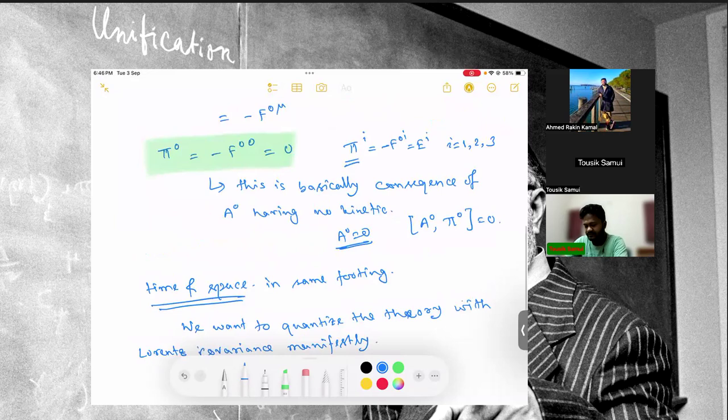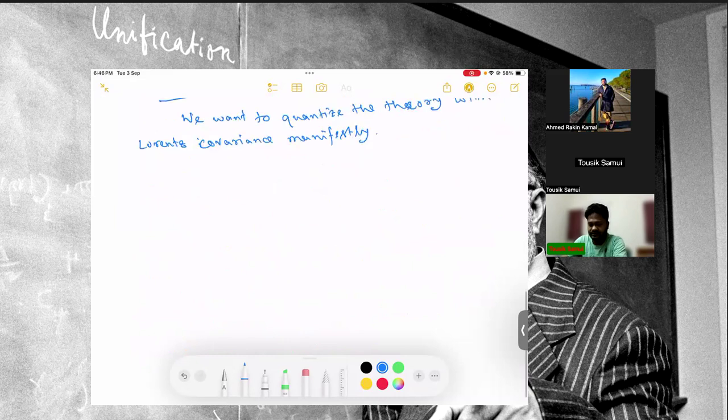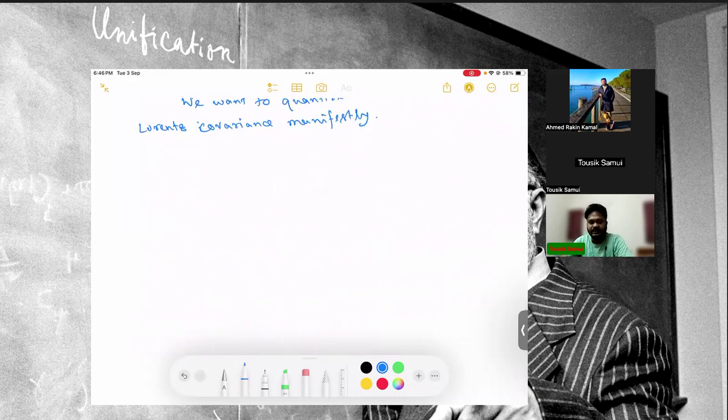But this way of doing it, setting a naught to be 0 and quantizing in terms of the a i's and pi i's, does not have that equal footing of time and space. So we want to do this in a clever manner.